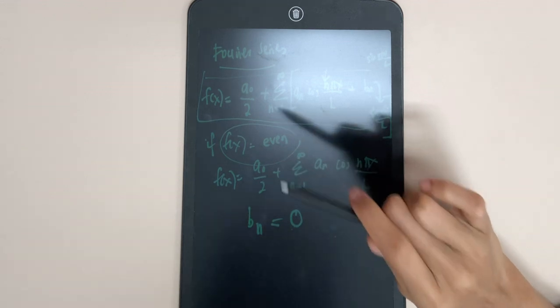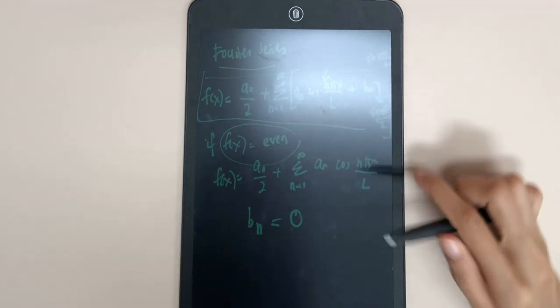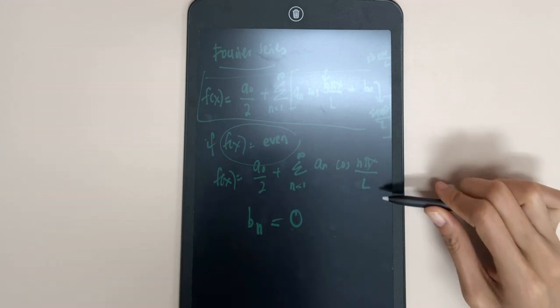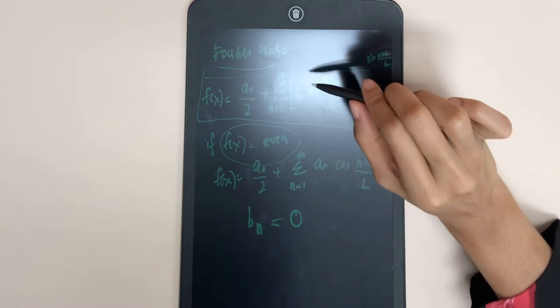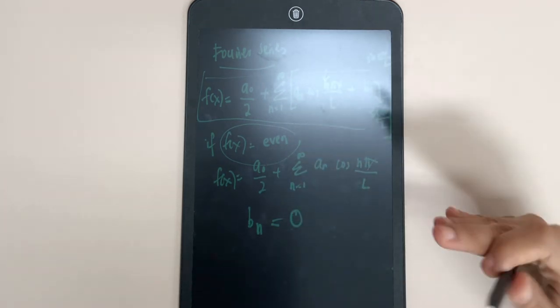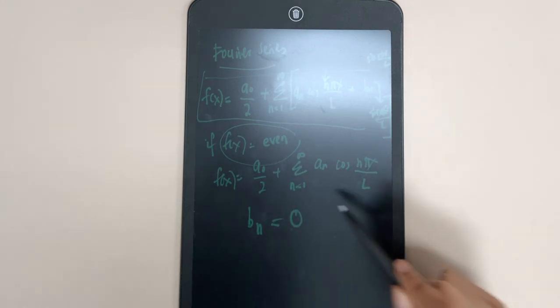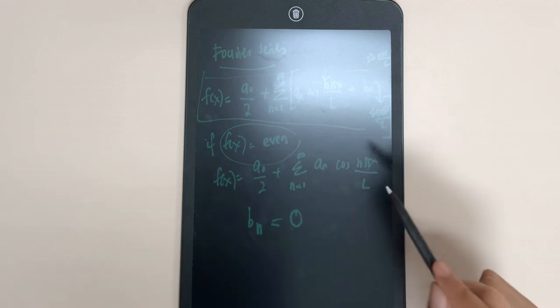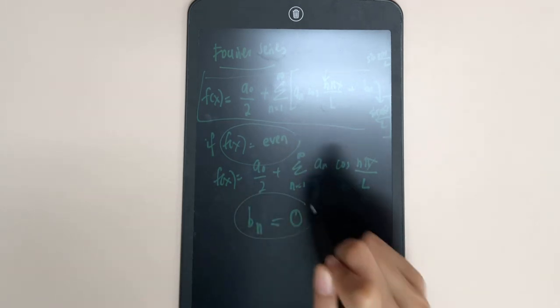After you identify, for example, if your function is even, this is your equation of the Fourier series. This is your general equation just now. After you know that your function is even, this is your equation for even, which means your B0 is 0.